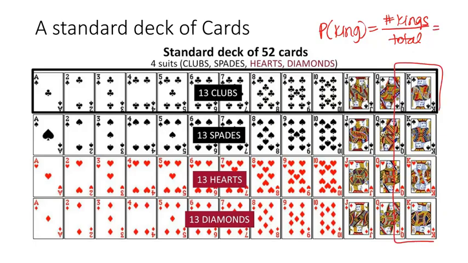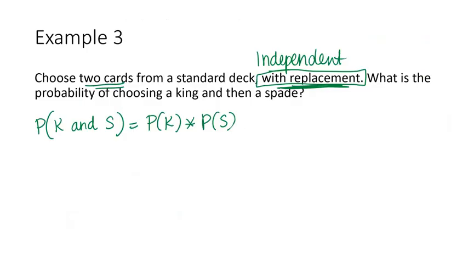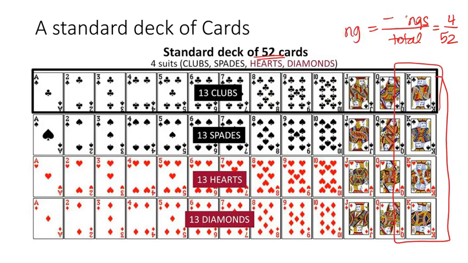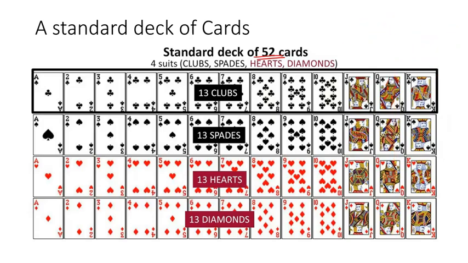Well, there are 4 kings in the deck out of my total 52 cards. So the probability of a king was 4 out of 52. Now I go back and look at the probability of the spade, and I can do it just looking at spades. So here's my spades.